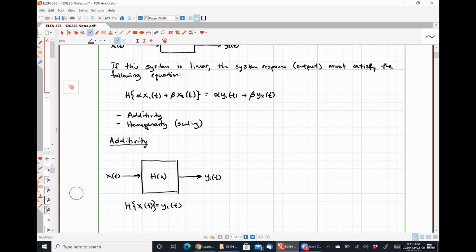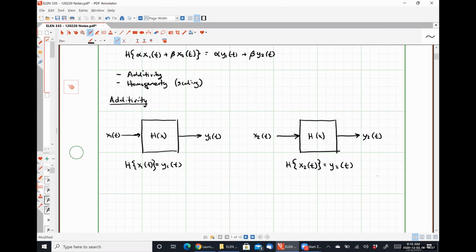And I take that exact same black box network and apply a different input, and get an output y2 of t. So I can write the characteristic equation for this one: h acting on x2 of t gives us an output of y2 of t.